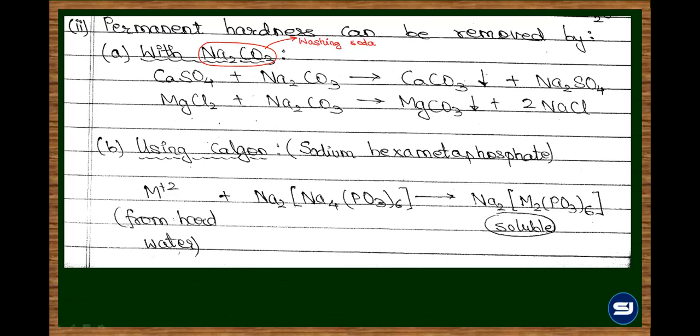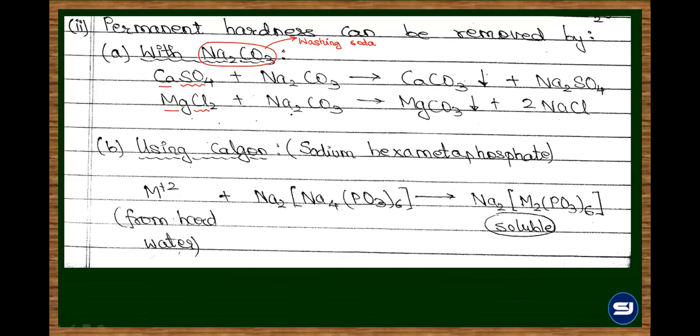Now we know that permanent hardness is caused due to the sulfates or the chlorides of calcium and magnesium, and we are removing it by adding detergent, that is washing soda. So in some of the villages where the water is hard, they simply add the detergent. That detergent is nothing but washing soda.